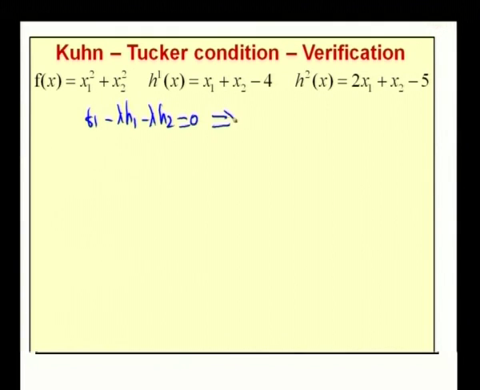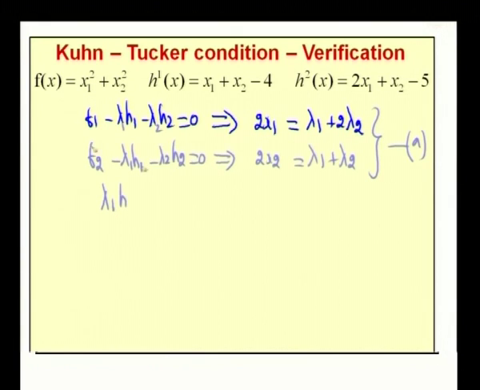This equation gives us for this problem 2x1 equal to lambda 1 plus 2 lambda 2, and the second Kuhn-Tucker condition is f2 minus lambda 1 h1 minus lambda 2 h2 equal to 0, which implies 2x2 equal to lambda 1 plus lambda 2.